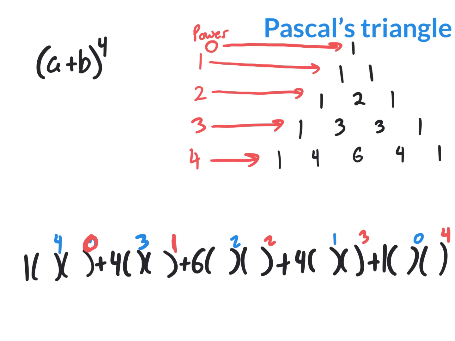If it confuses you to go down by 1 and up by 1 on each one, then just go the first parenthesis, 4, 3, 2, 1, 0, and then put 0, 1, 2, 3, 4. Anyway, what do you think is going to go in this first parenthesis? That's right, a. Whatever the first part of your binomial is, you're going to write it in the first parenthesis on each one.